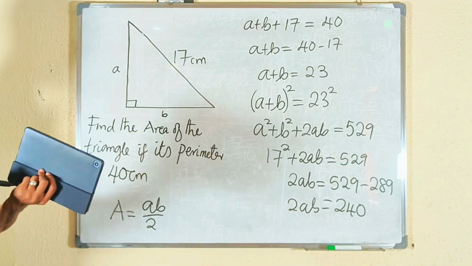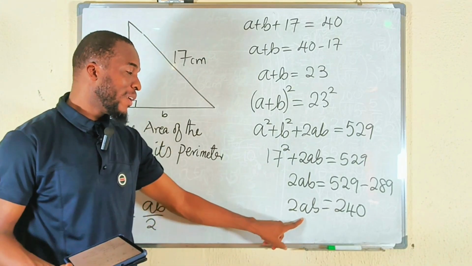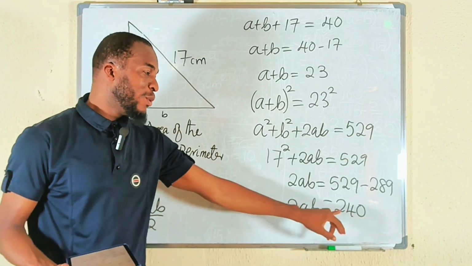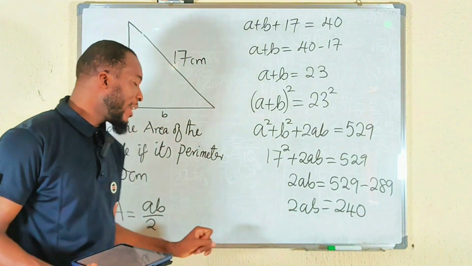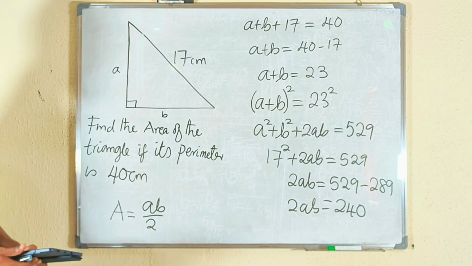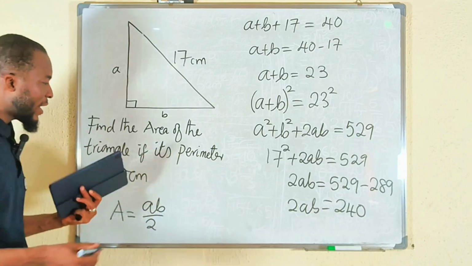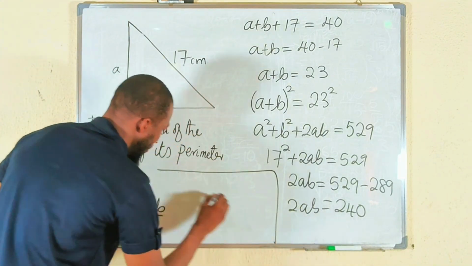But observe, we can break this out from that. How? Once you divide both sides by 4, the left hand side will be equivalent to AB divided by 2, which is the area that we are looking for. Let me manage it here.